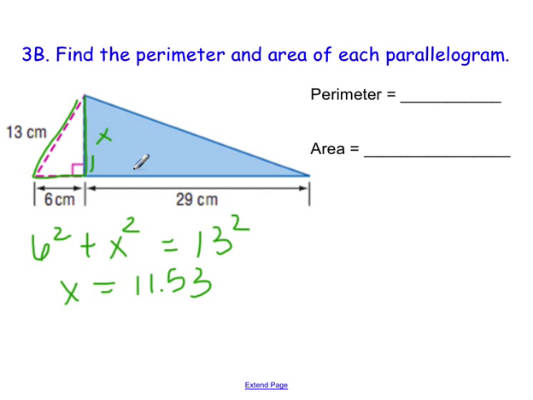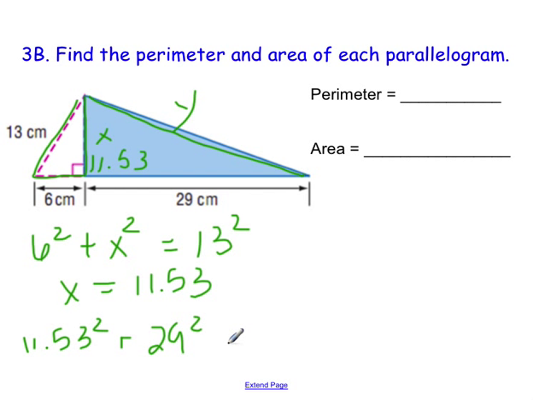Now we need to use that to get this side right here. We're going to call this side y. So we have 11.53 squared plus 29 squared is equal to y squared, because that's our hypotenuse.